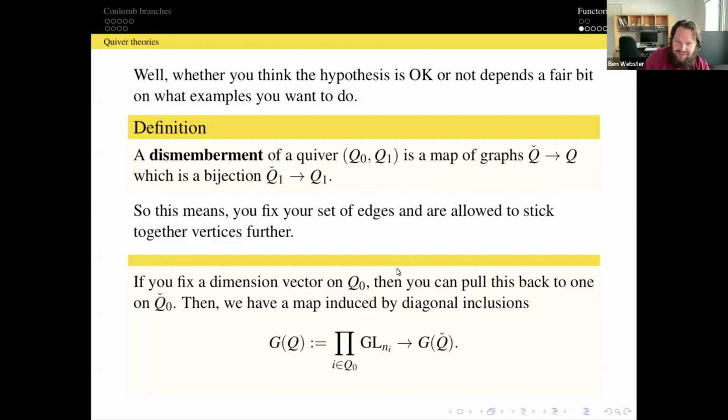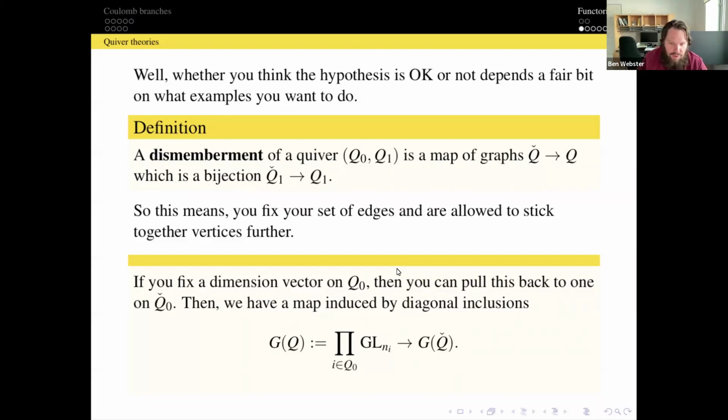If you want to say this in a nice way, you have a map of graphs that's a bijection on the edges. So it might be that it's not injective on the nodes. You might have multiple nodes going to the same one, so I have this Q check. I might have multiple nodes in Q check going to the same node in Q. I think of that as having these pieces of my graph and I stick them together.